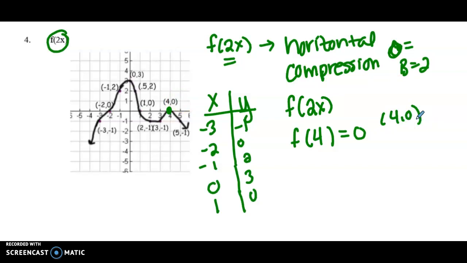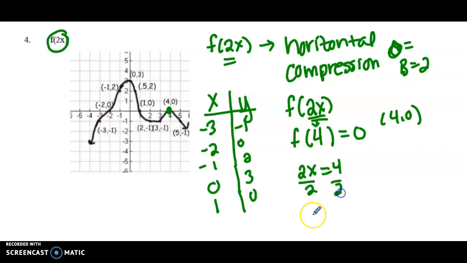Now, the transformation of the function was basically taking 2 times x to get this number 4. So we're going to set up an equation and say 2x equals 4. What did I originally have to plug in to get 4 back out?